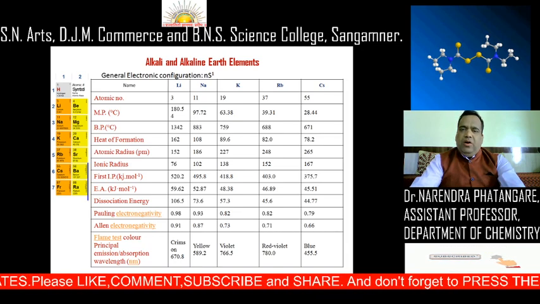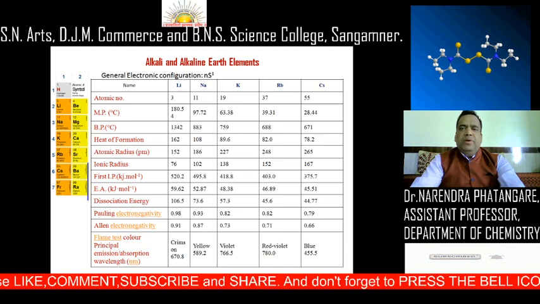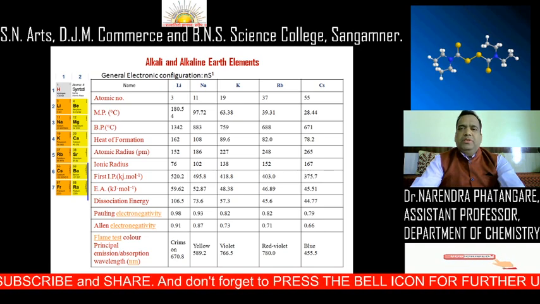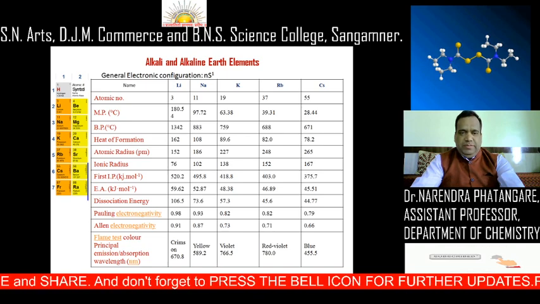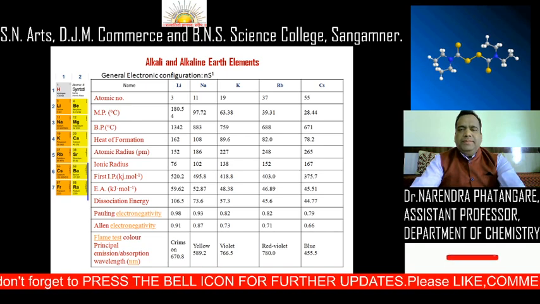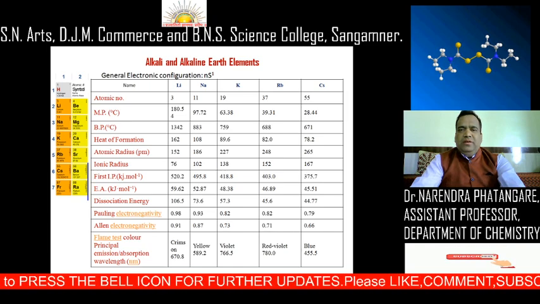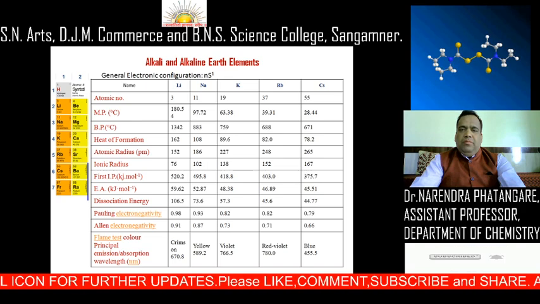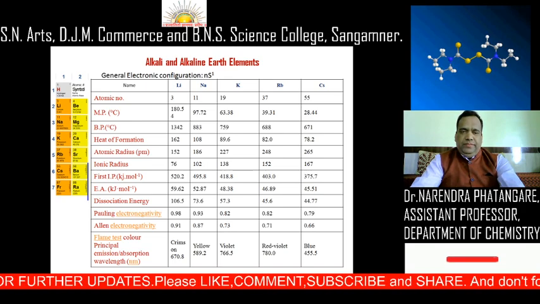Generally, alkali elements are found in the +1 oxidation state. That means Li+, Na+, K+, Rb+, and Cs+. Ionic radius increases from lithium to cesium by losing one electron.